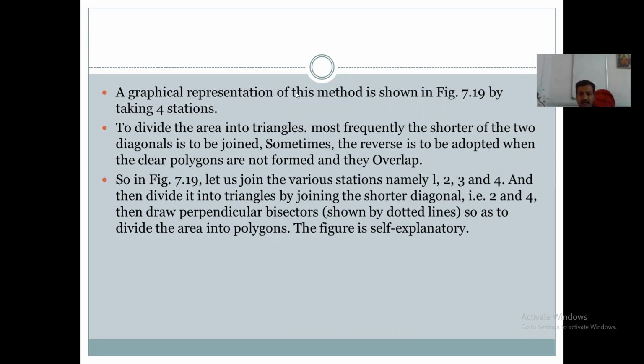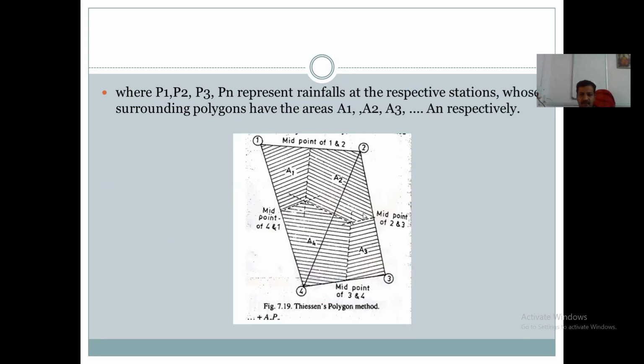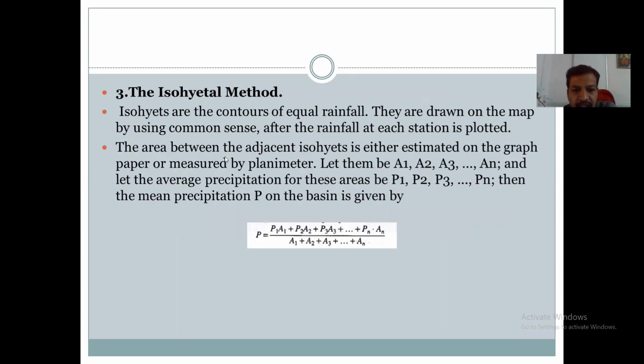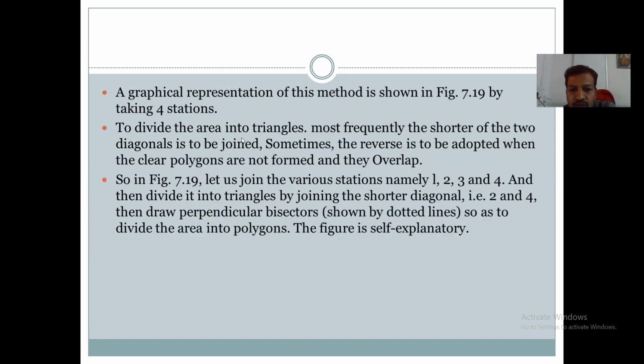So this is a graphical representation, shown in this diagram, in which the entire basin area is divided into various parts, and at each part of this basin the rain gauges are installed, and the entire area is divided into triangles.